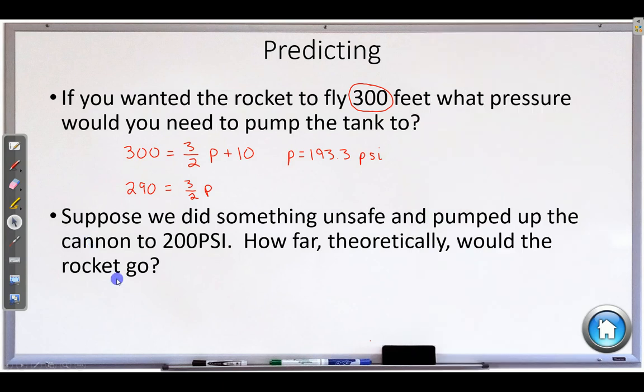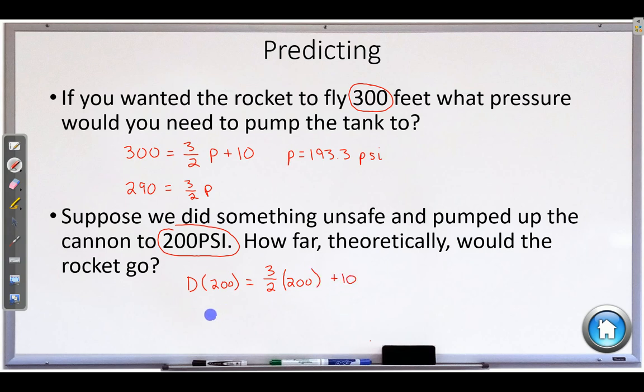Alright, now suppose you want to do something else unsafe, and you want to pump up the cannon to 200 pounds per square inch. How far theoretically would the rocket go? So hopefully you can see that the 200 is an x value, not a y value. So our distance, how far our distance would be at 200 psi, d at 200. So we have 3/2 times x, or p, we're plugging in 200, plus 10.